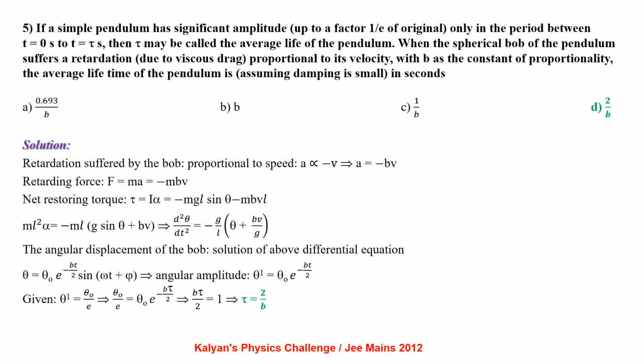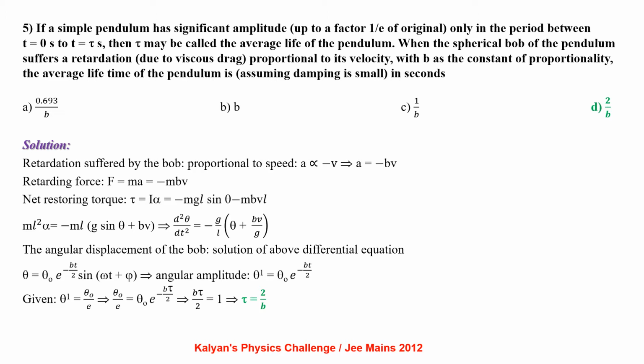When the spherical bob of the pendulum suffers a retardation due to viscous drag proportional to its velocity, with b as a constant of proportionality, the average lifetime of the pendulum, assuming damping is small, in seconds is: retardation suffered by the bob is proportional to speed. So a is proportional to minus v. So a equals minus b v. Retarding force F equals m a, that is minus m b v.